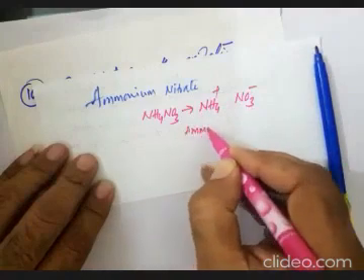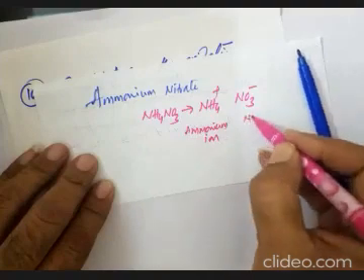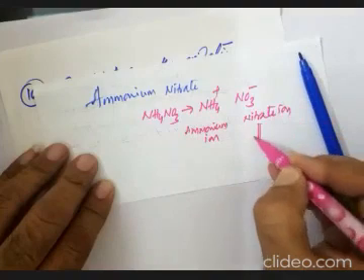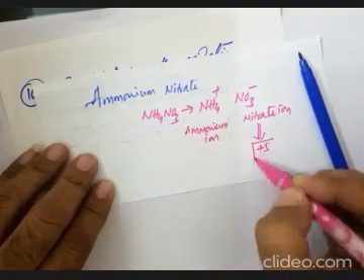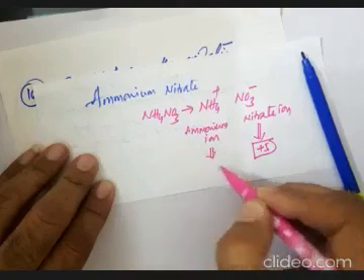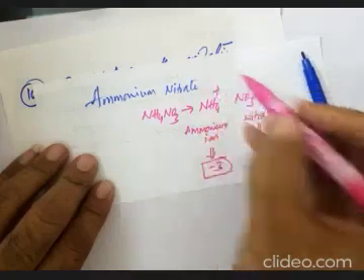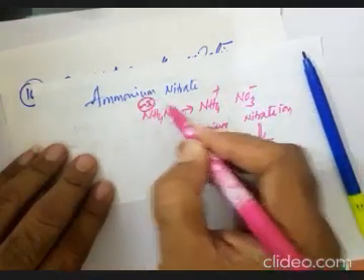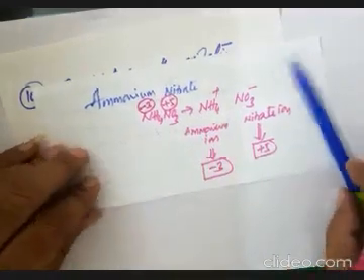This is the ammonium ion. This is the nitrate ion. Here nitrogen oxidation number is +5, and here nitrogen oxidation number is -3. So in ammonium nitrate, nitrogen oxidation numbers are -3 and +5.